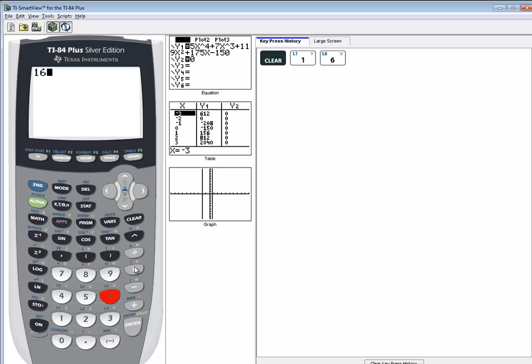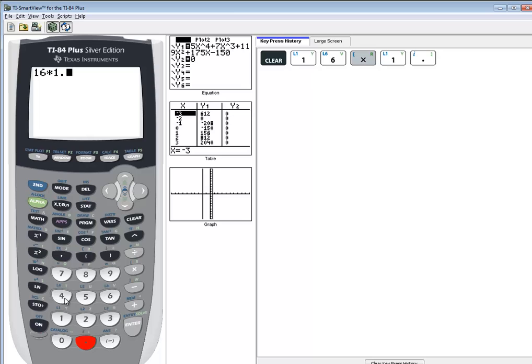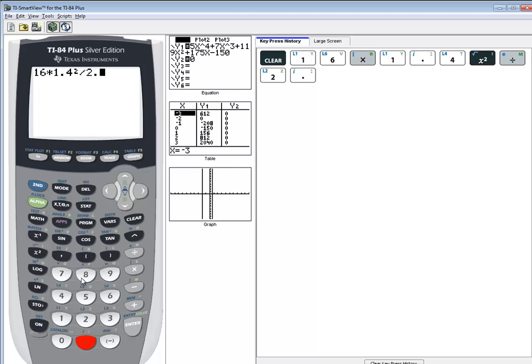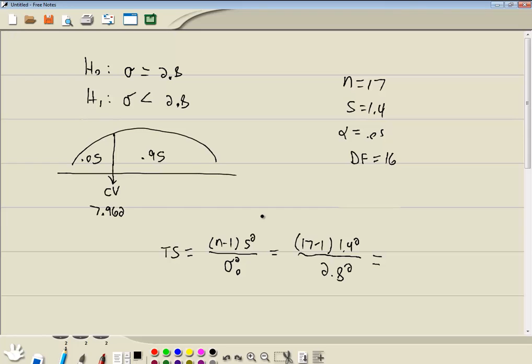So I got 16 times 1.4 squared divided by 2.8 squared. 4.